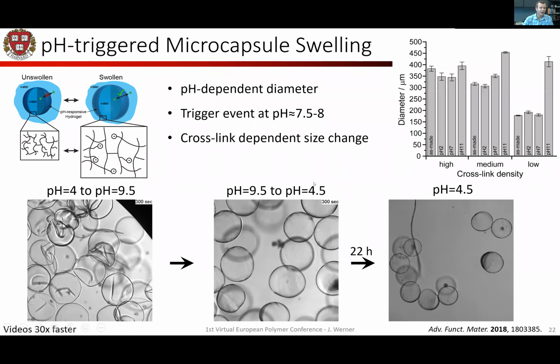Now, you can include various amounts of anhydrides in your initial monomer mixture, which then will give you various different compositions of polyacid to permanent crosslinker. So different crosslinking densities lead, of course, to differently well-pronounced increases in size, meaning swelling of the shell, for these capsules.